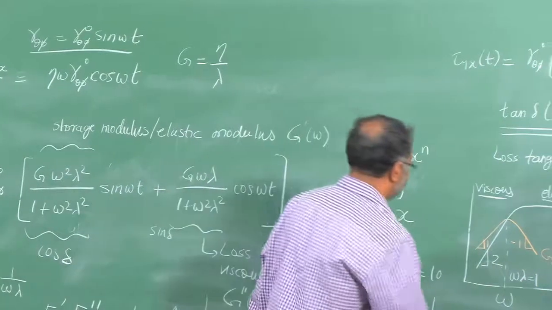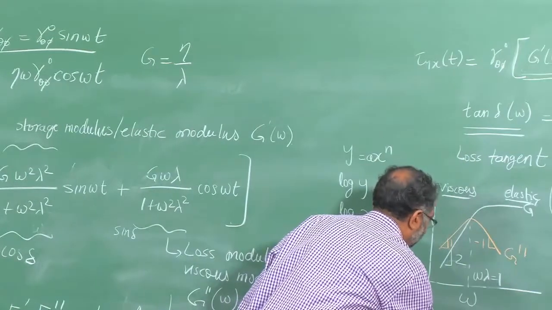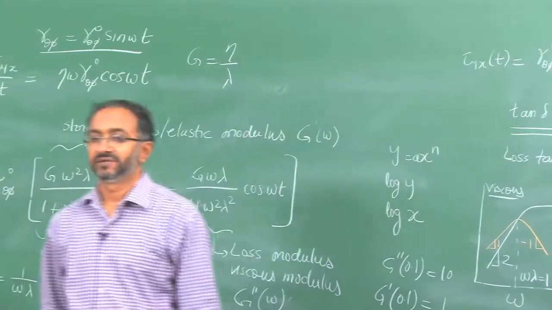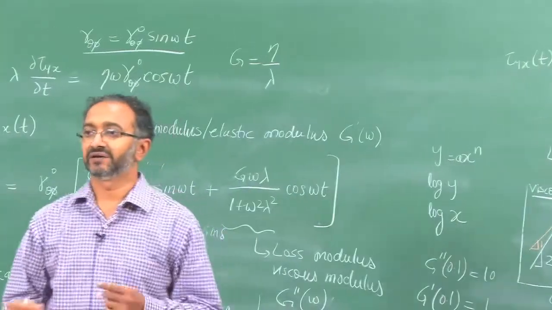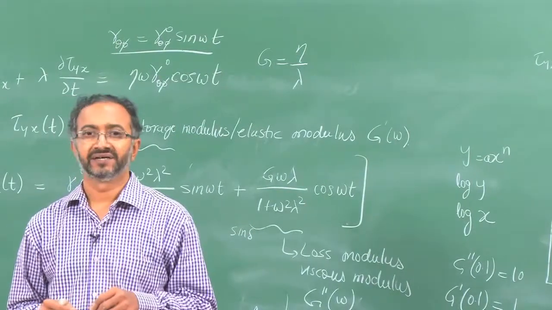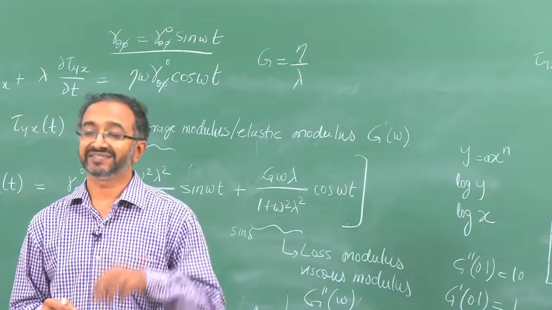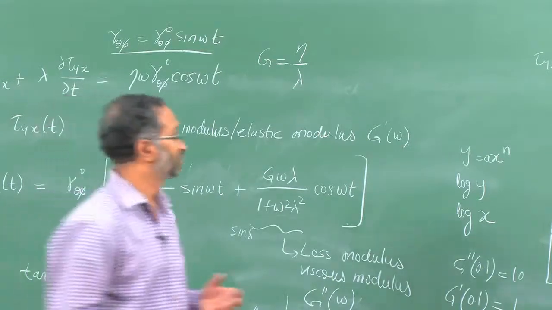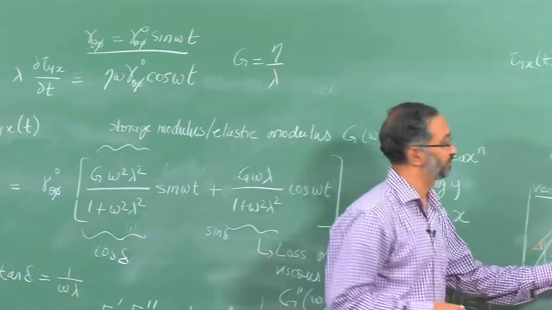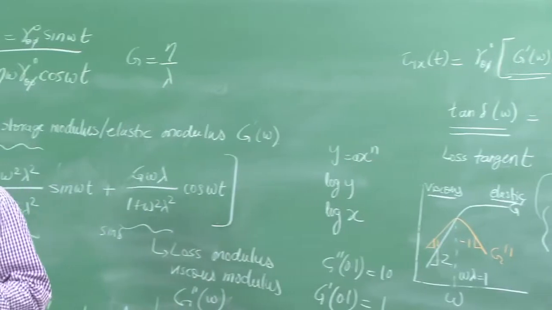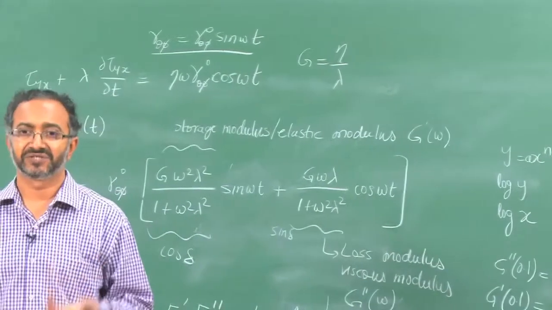So, omega c is equal to 1 over lambda. So, we can talk about the overall material response with respect to this omega c. If omega is much less than omega c, then we will observe viscous response, and if omega is much larger than omega c, then we would observe elastic response. And so, omega c captures the material relaxation time, it is just 1 over lambda.